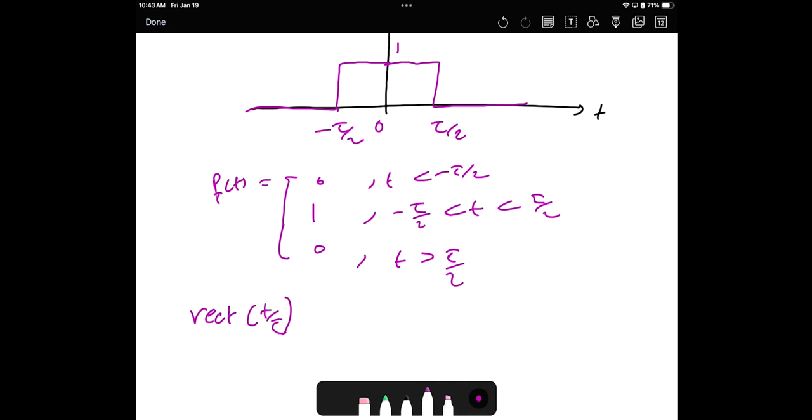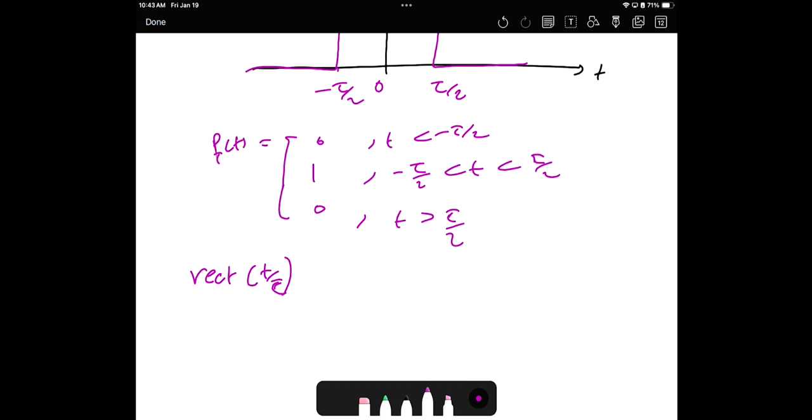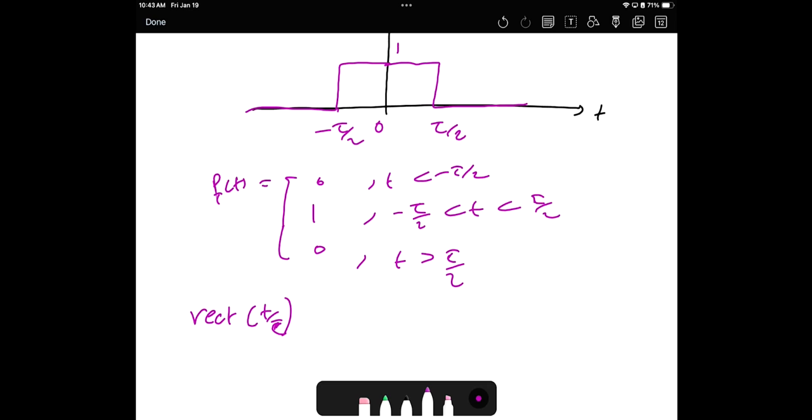So whenever you see the word rect t over tau, we mean this is the pulse. And basically, it is centered. So in t over tau, tau will tell you what the period is, because the period here, from here to here, is tau. Or we call it the time overall.